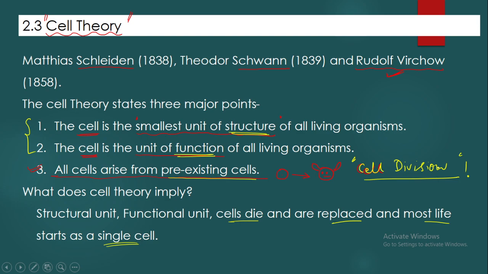If you keep on going like that, at one point of time you will reach a stage where life will start from a single cell. So that is what we are able to interpret and understand from the given theory, the cell theory. Any doubts you have in this one?